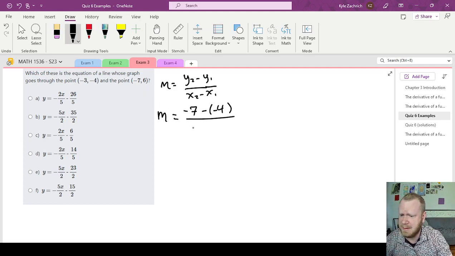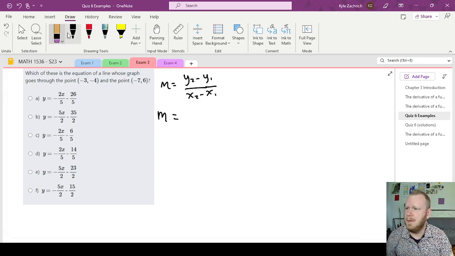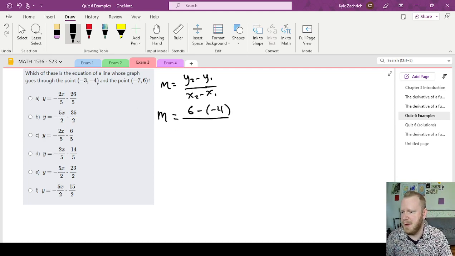Sorry, going a little too quick here. Okay, so 6 minus negative 4, divided by x2, which would be negative 7 minus negative 3.